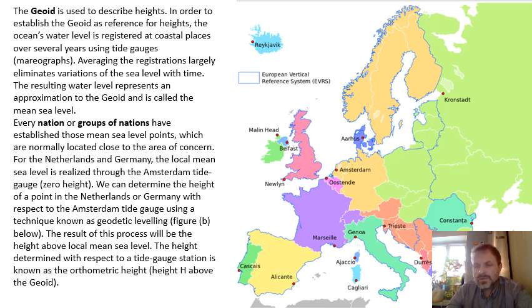In the post-communist states, the map shows this height system in light green.